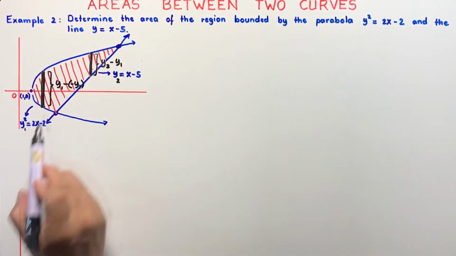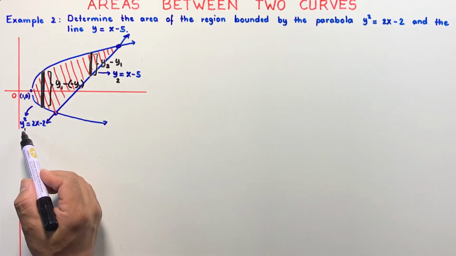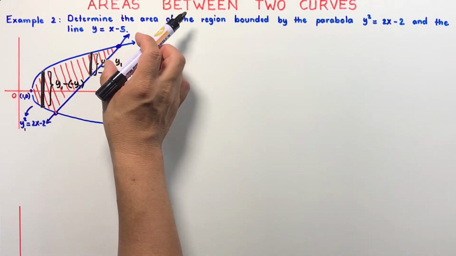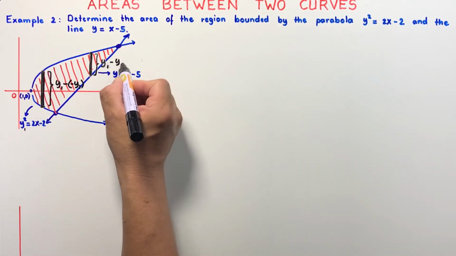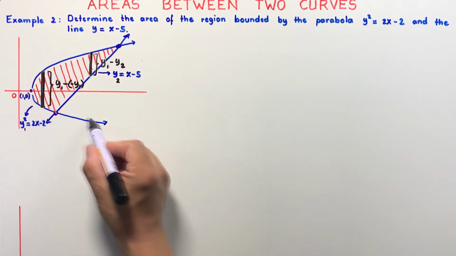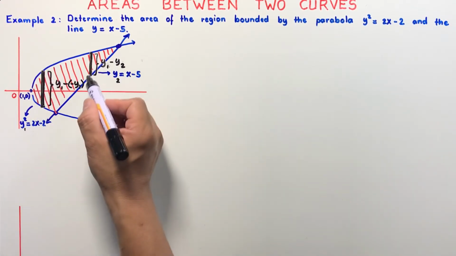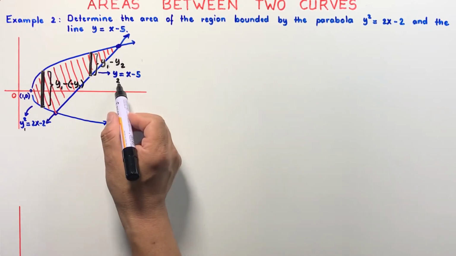So it's the upper boundary, which is from this curve y sub 1, this is y sub 1 minus y sub 2, because this is the upper boundary from this curve y sub 1 and having a lower boundary from this straight line y sub 2.